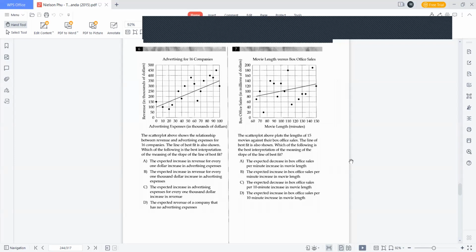B, the expected increase in the box office sales per minute increase in movie length. C, the expected decrease in the box office sales per 10-minute increase in the movie length. Or D, the expected increase in box office sales per 10-minute increase in movie length. Expected, okay. Which of these is it, Jane?